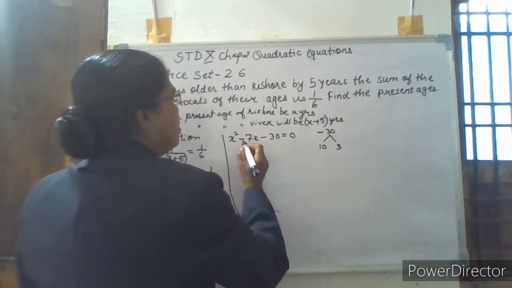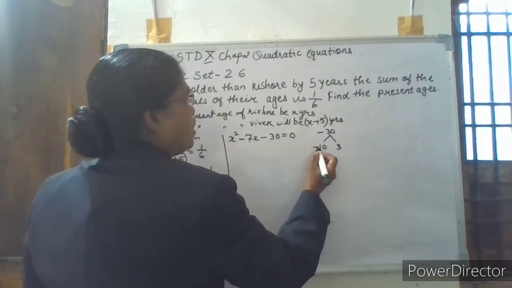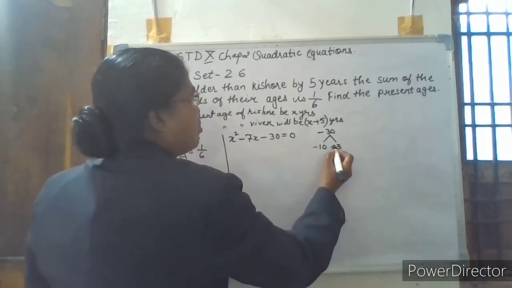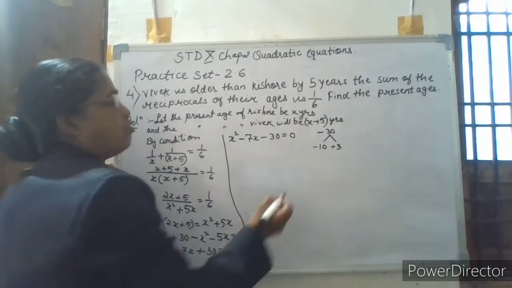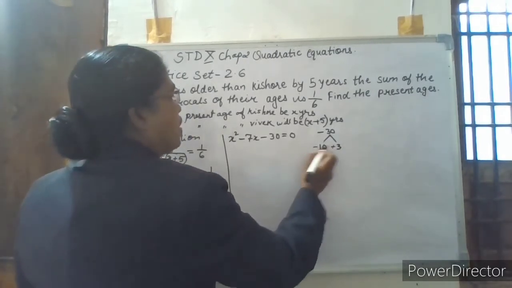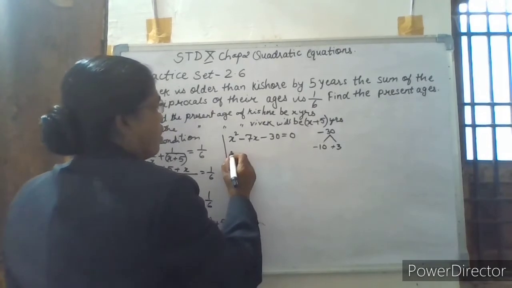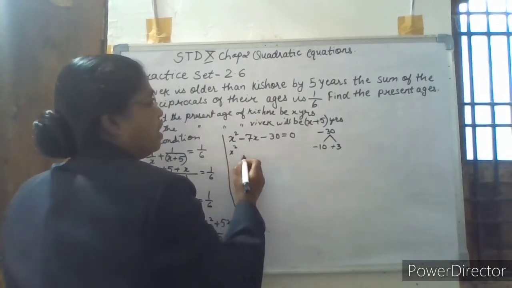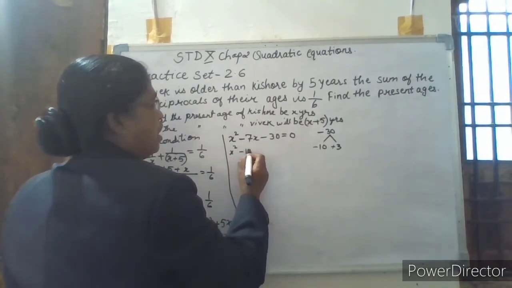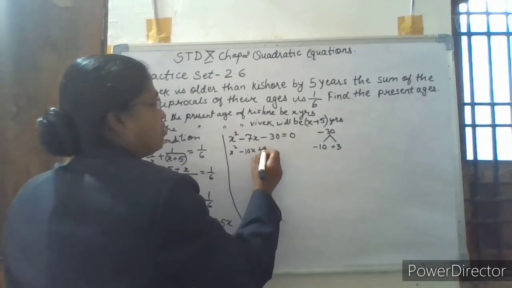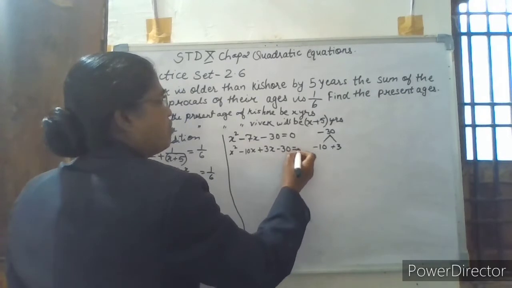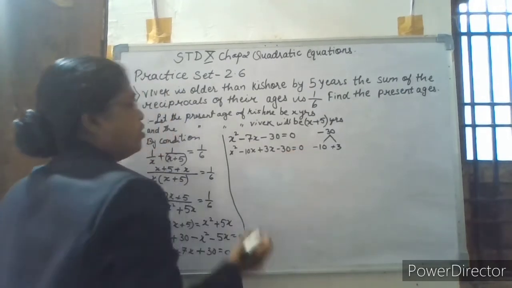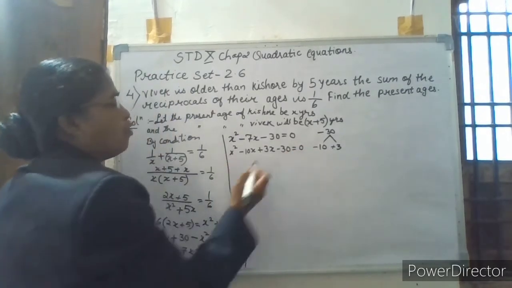Then, the middle term sign must be put to the greater number and the opposite sign to the smaller number. So, these are the factors. So, we write it x squared minus 10x plus 3x minus 30 equal to 0. Now, we got 4 terms.